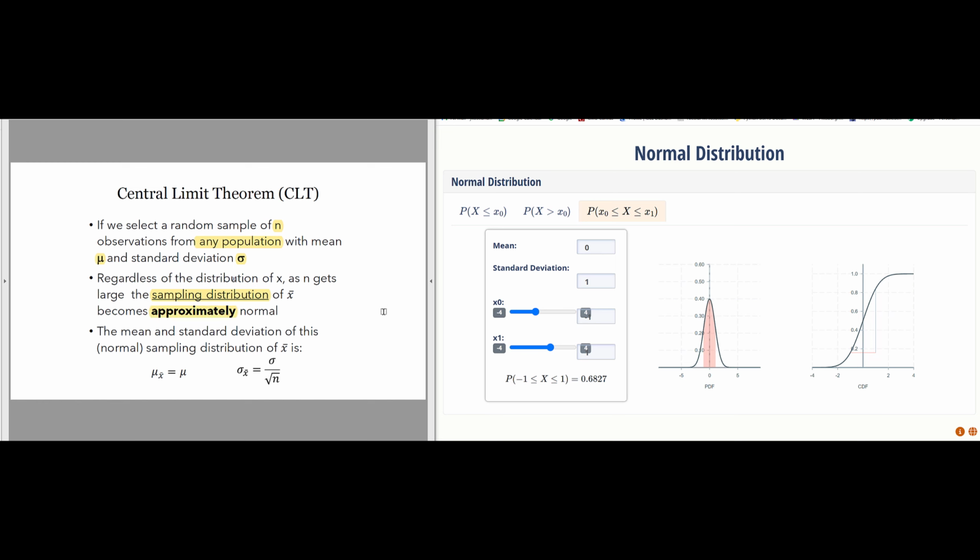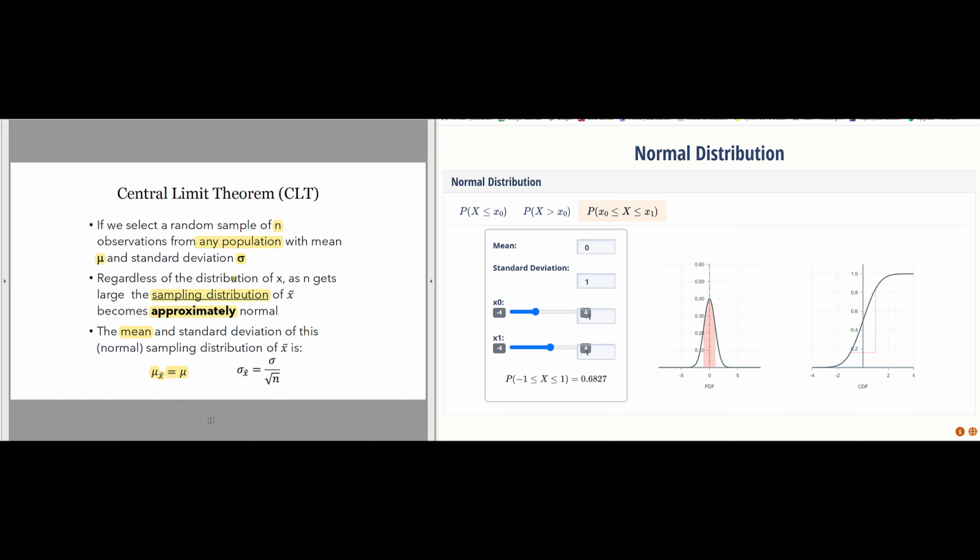That is, even if the underlying population is not normally distributed, if we take some arbitrary number of samples of size n and we look at the distribution of the means of all of those samples of size n, then those sample means will be approximately normally distributed, and the mean of the sampling distribution is related to the true population mean by a simple equality.